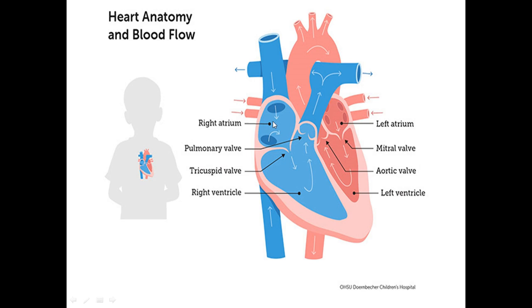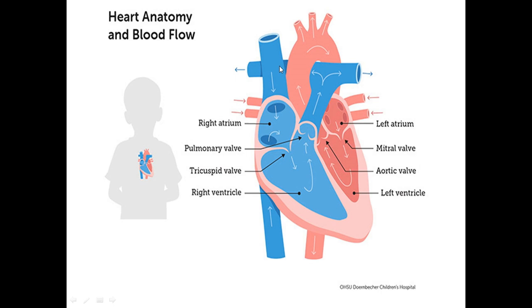So the blood from the right atrium enters the right ventricle, then goes to the lungs through the pulmonary valve. It enters the lungs by these vessels we call arteries. So these two vessels are called pulmonary arteries.